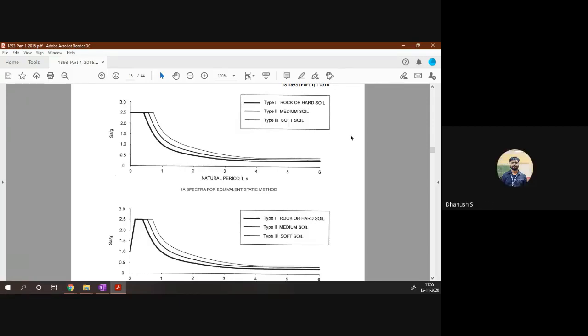Yes, sir. Yeah, the logic is the same. Anything that is stiffer will attract more force. But that doesn't necessarily mean that it is more susceptible to an earthquake. Higher seismic force does not necessarily mean that it is more prone to damage, provided you've done the design properly.